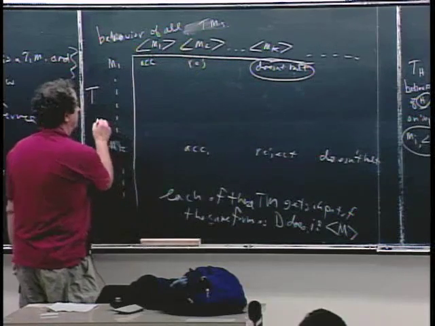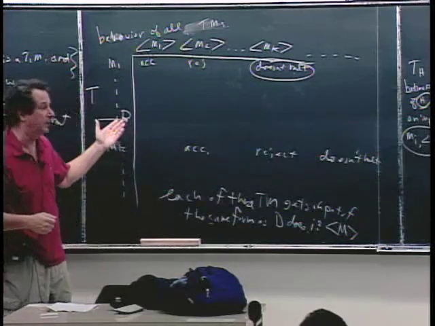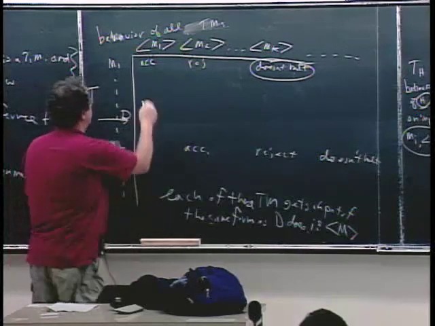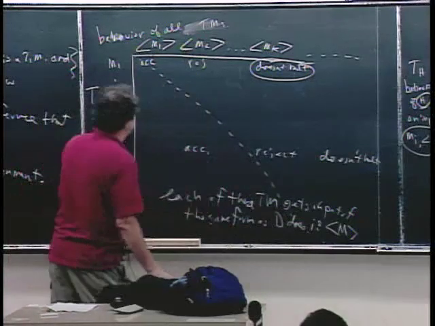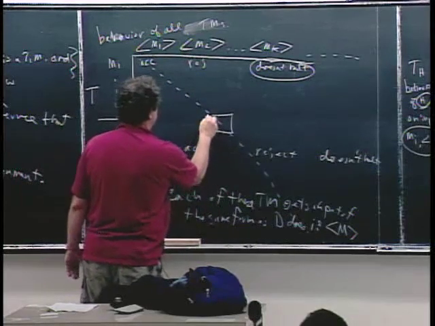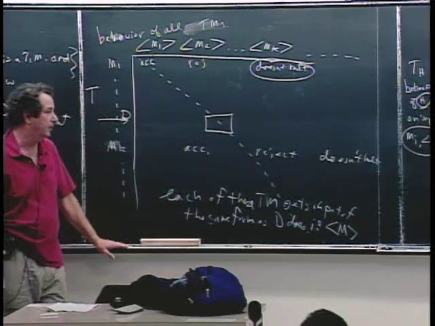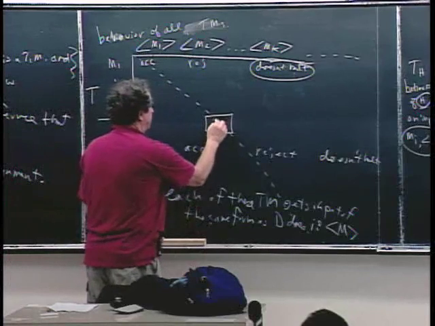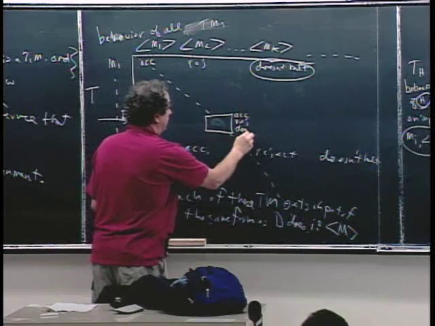So you say, okay, it's right here. This is where I think D is. Some particular line, some particular row in this table. All right? So we'll look along the diagonal of this table, and there's some value. Okay? There's some value there sitting in the diagonal. And what is it? Well, it's either accept, reject, or doesn't halt.